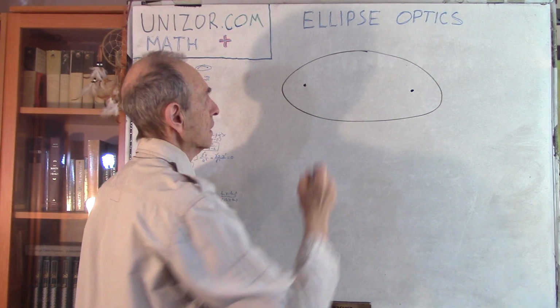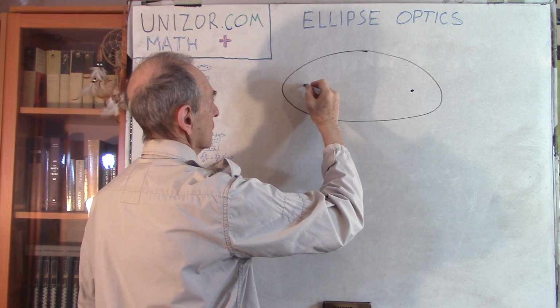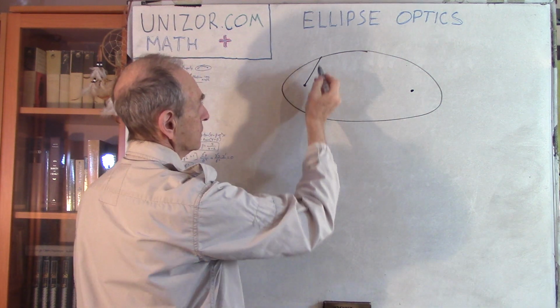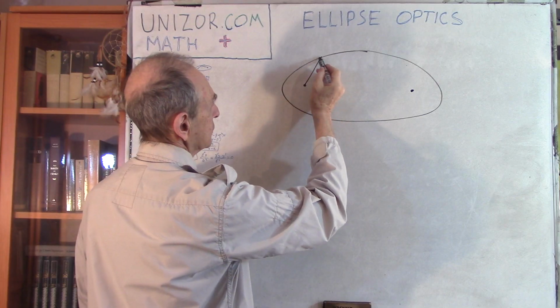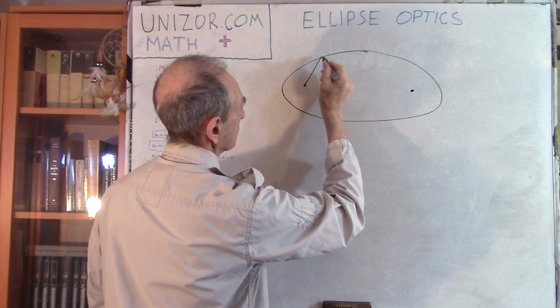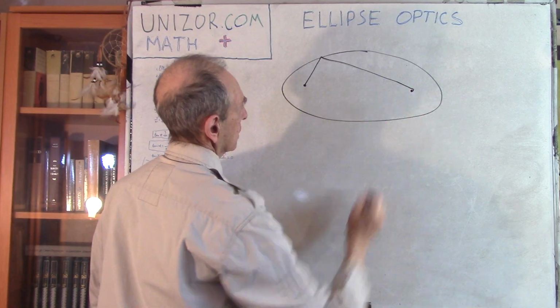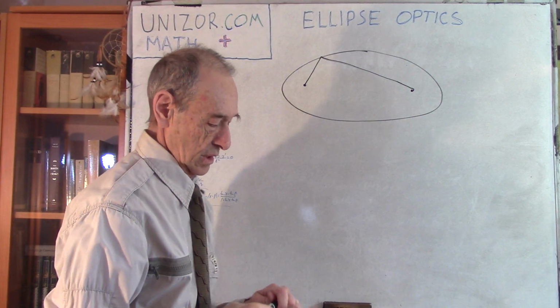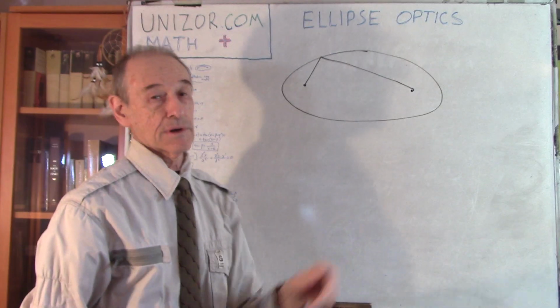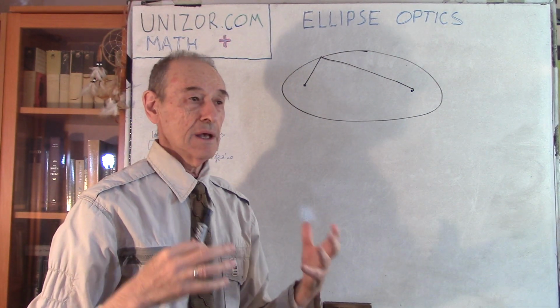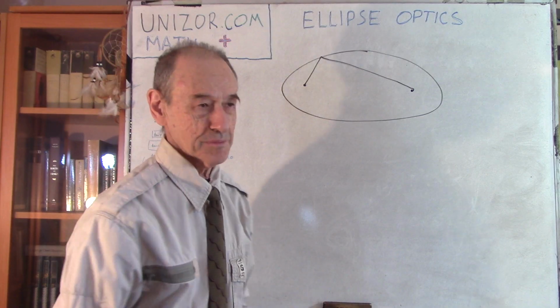So what happens if you have a source of light here, and light goes to this point and reflects from the surface? What's interesting is that the reflected ray will go exactly into the other focus of the ellipse. So that's the optics of the ellipse.